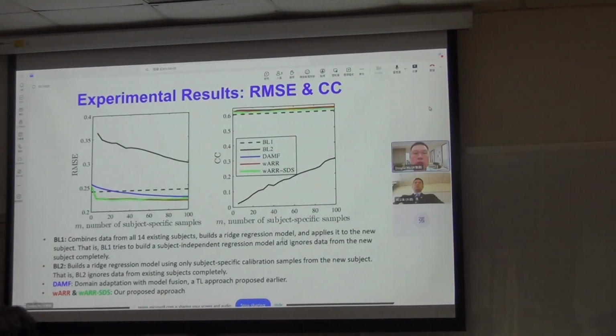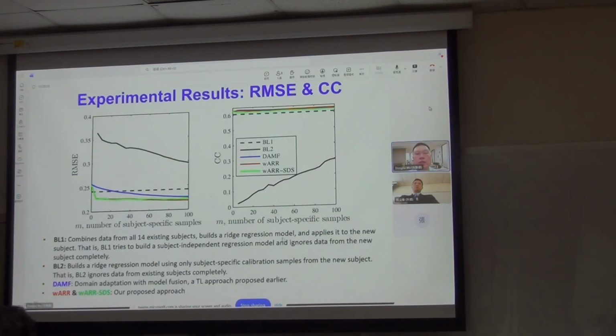Here are the main results. Again, we use the root mean squared error and the correlation coefficient to evaluate the performance. Our proposed approaches are called WAAR, SGS, and also WAAR. Here, SGS means source domain selection.